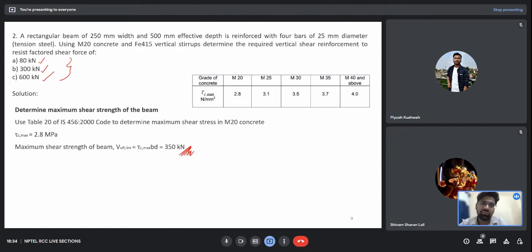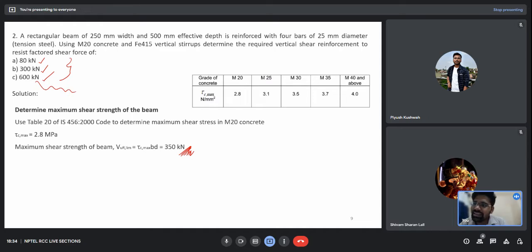So what comment should I give to the project manager? I will just tell him, please go and redesign the section, because this section won't be able to survive under the action of such a high shear force acting on this beam. So we have already solved case C.